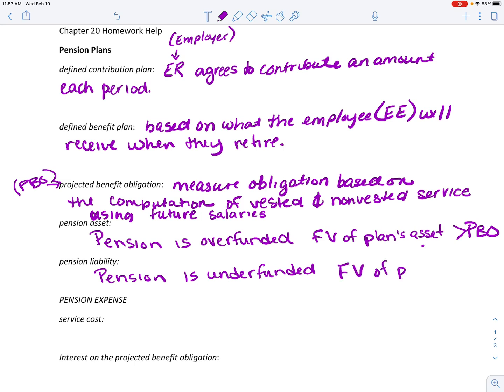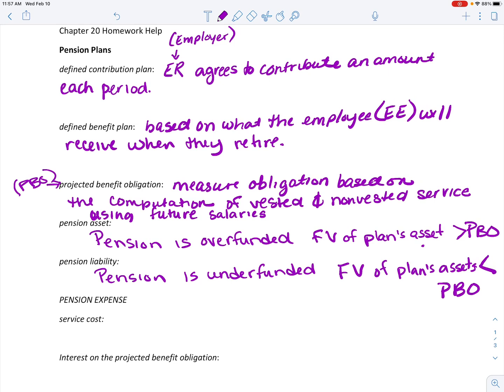So your fair value of plan assets again is now less than your projected benefit obligation. It's a lot to take in. That gives you a little foundation.